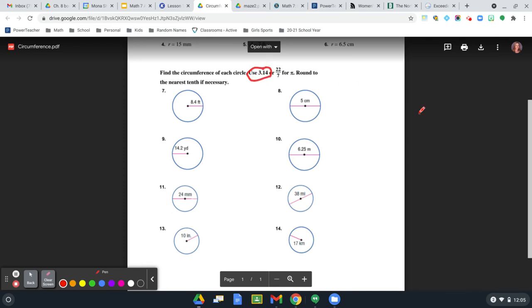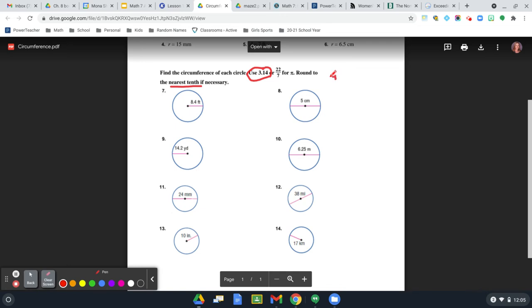I don't want you to use the pi key this time. Because it has you rounding to the nearest tenth, it's going to be easier to just use the rounded version of pi, 3.14. I want you to understand how to use both. That's why we practice the pi key. Now, to make it a little easier for yourself on this worksheet, just use 3.14.